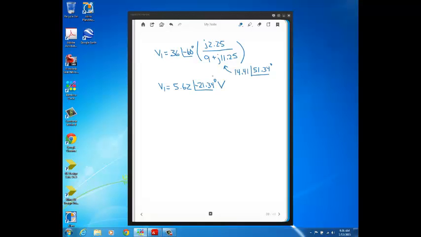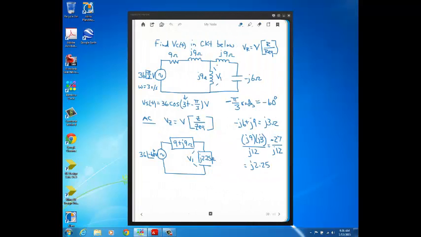So that's the voltage, as I said earlier, that's the voltage across this j9, and it's also the voltage across this series combination of the j9 and the capacitor with impedance minus j6, right? Because these two in series are in parallel with this j9, and we know voltages are the same in parallel.